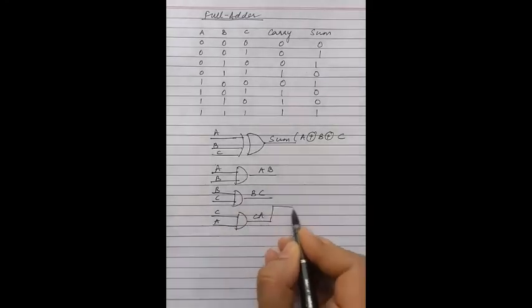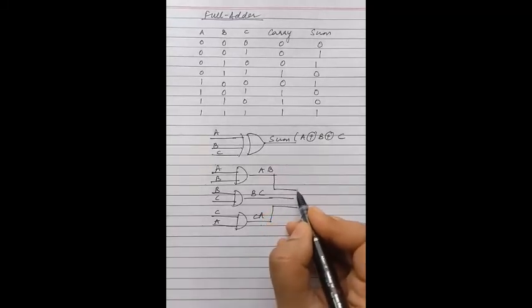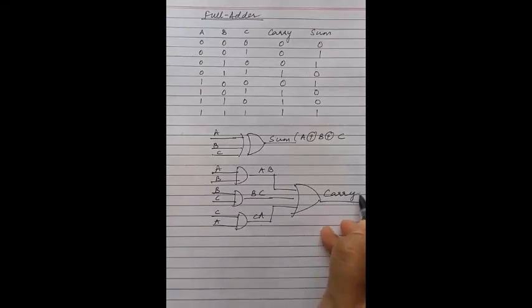This is C, and then OR them together. And you get, this is carry. The most simplified expression is AB plus BC plus CA. This is the expression for carry. You can compare with this and check whether it is coming as correct or not.